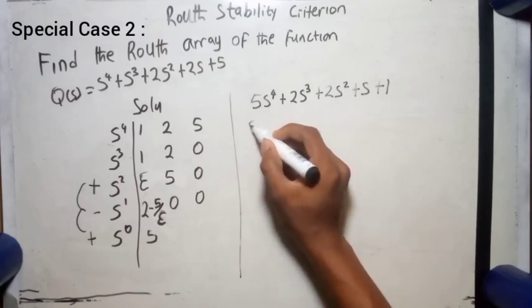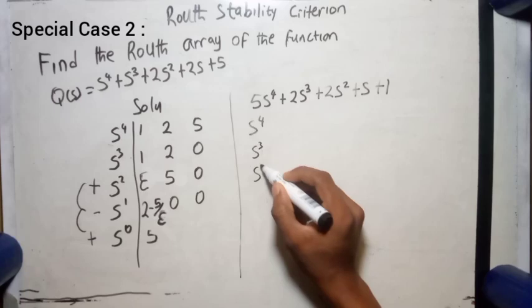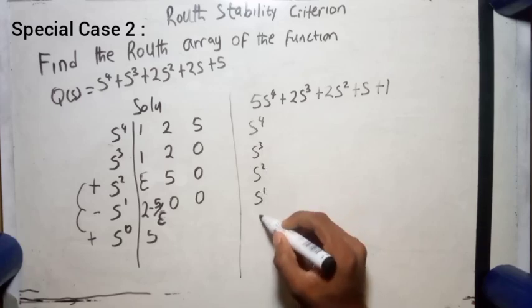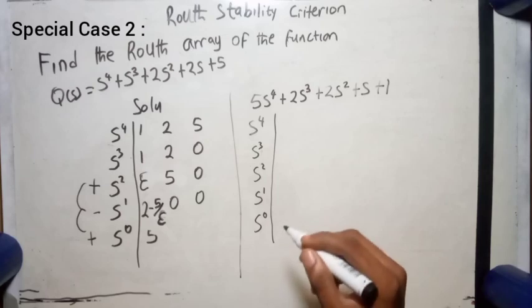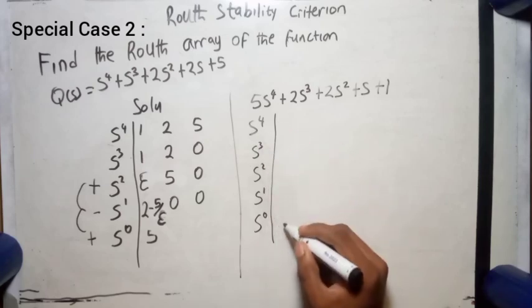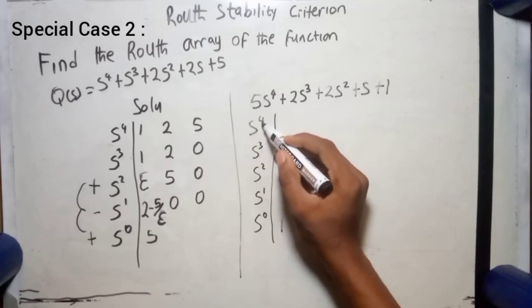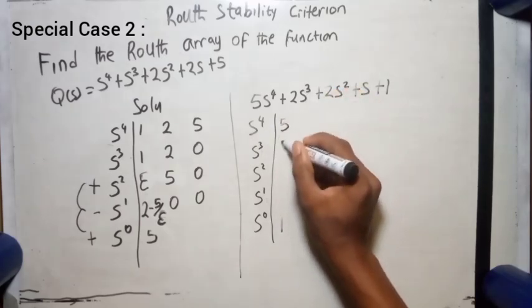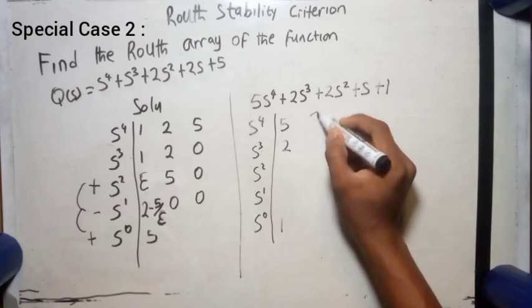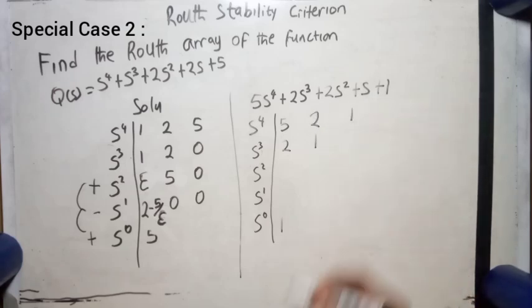Now we have S4, S3, S2, S1, S0. Now our S0 definitely carries the constants. For our S4, we are going to be having 5, S3, 2, the next one, 2, the next one, 1, and finally 1.